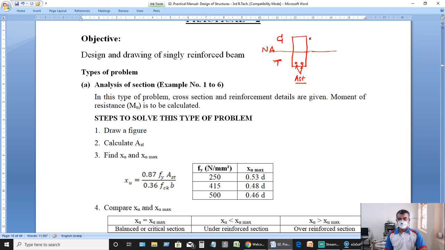In the singly reinforced beam section, if we draw the diagram of stress and strain, it will be something like this. Here it is 0.0035, and this will be Fy upon 1.15 Es plus 0.002.